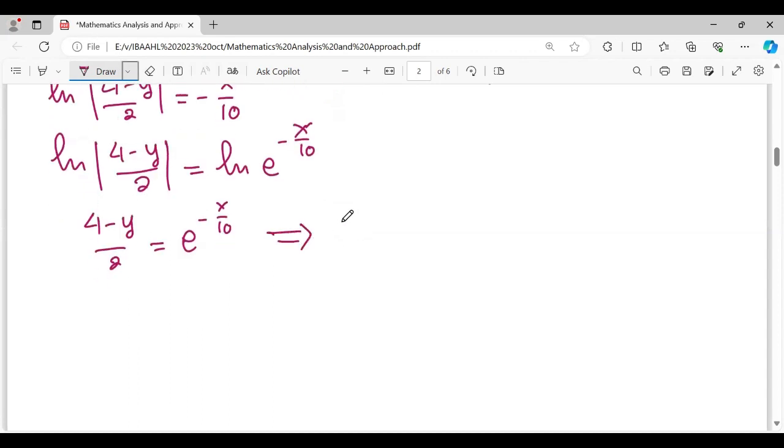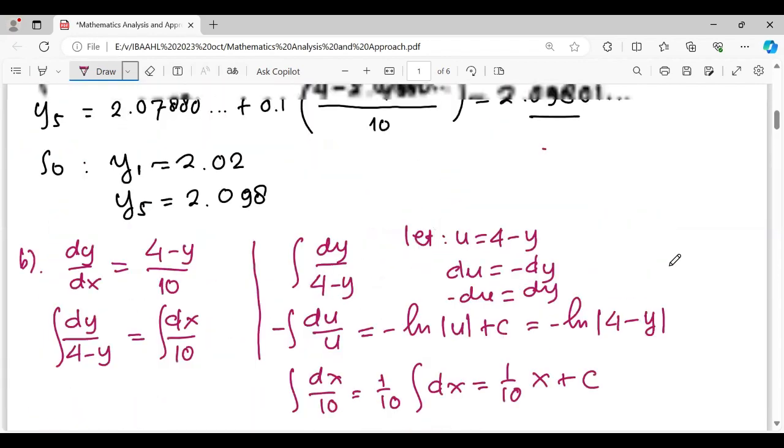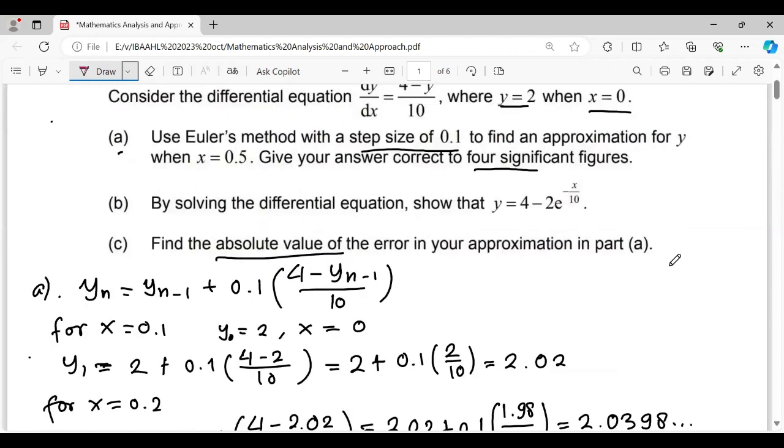So I can write it like this: 4 minus y equals 2e to the power of minus x over 10, or y equals 4 minus 2e to the power of minus x over 10. So proved, by solving the differential equation, show that this one already.